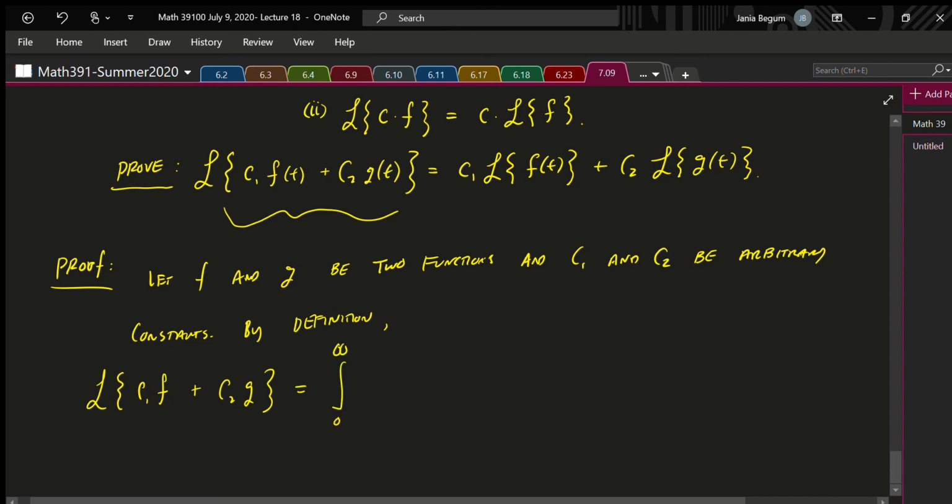This is playing the role of the function, like the big F we had inside the definition. So plugging that in, we have the integral of (c1 f plus c2 g) times e to the negative st dt. Just straight plugging it into the definition.